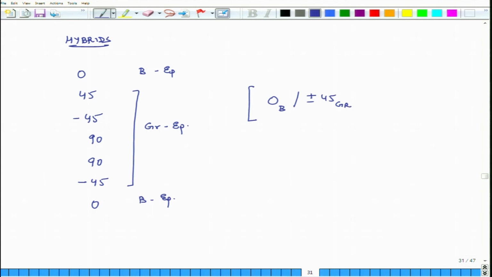That makes the person careful and then he goes and figures out the exact properties, and then we have 90 degrees graphite, and the entire thing is symmetric about this mid plane. So, this is plus 45 and 0, and this is still boron and epoxy.